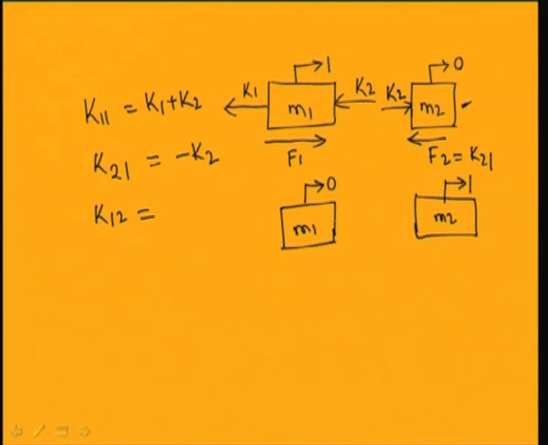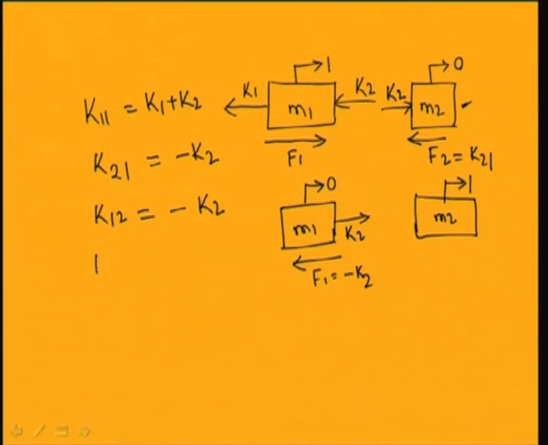So, mass M1 will be subjected to a force K2 towards the right, and one has to apply a force F1 equal to minus K2 to keep it in the equilibrium position. So, K12 will be equal to minus K2.